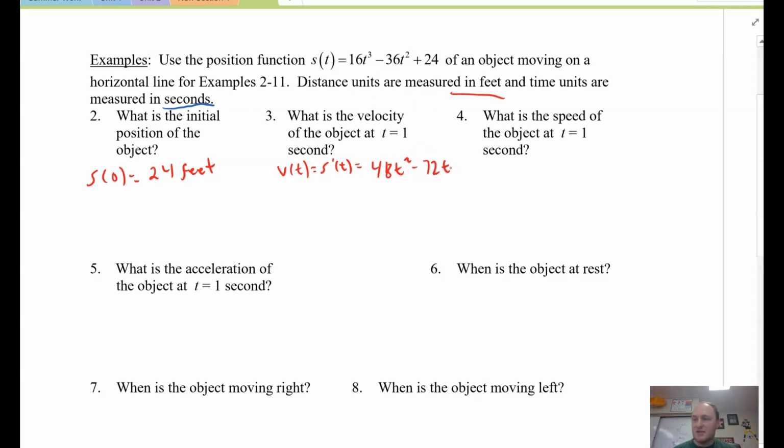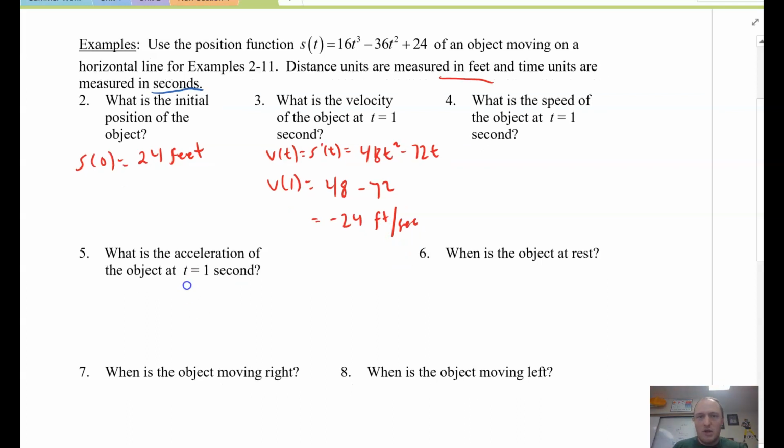There is our velocity function, and what we want is t equals 1. So what is v of 1? 48 times 1 squared is 48 minus 72, and we get negative 24 feet per second. That's the velocity.